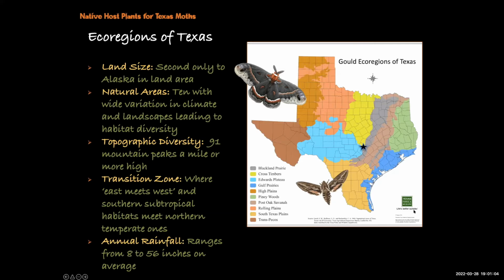There's a lot of topographic diversity in Texas. You may or may not know that there are 91 mountain peaks a mile or more high, mainly in West Texas. And Texas is a transition zone. It's where the ranges of eastern species meet the ranges of western species, and where the ranges of southern species meet the ranges of northern species. We have a huge diversity of rainfall as it ranges throughout the state, and I'm sure you could be using more of it right now.